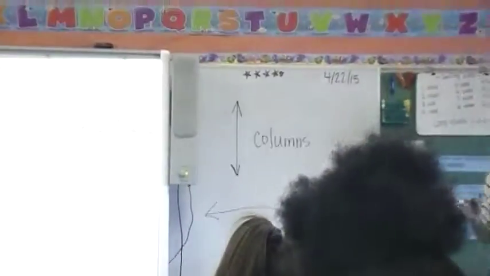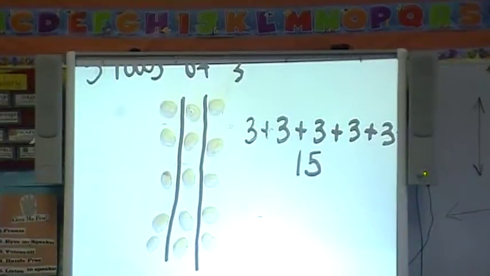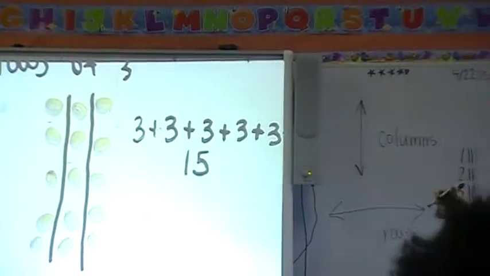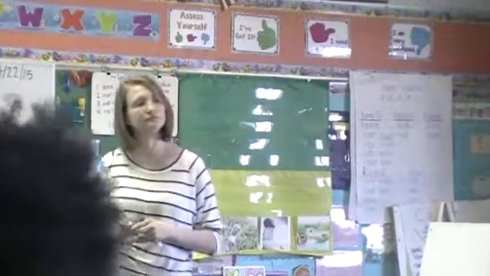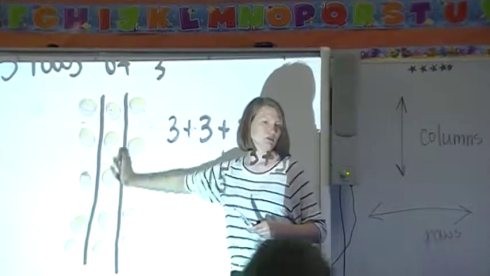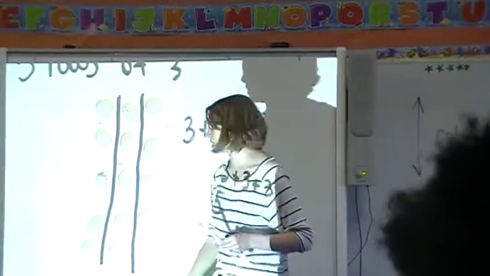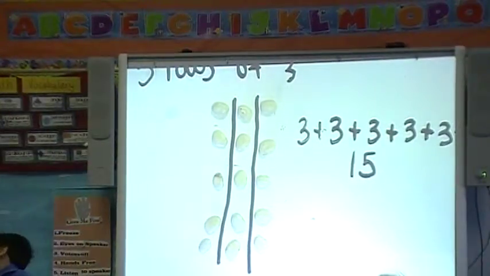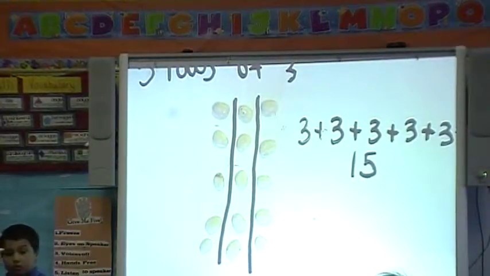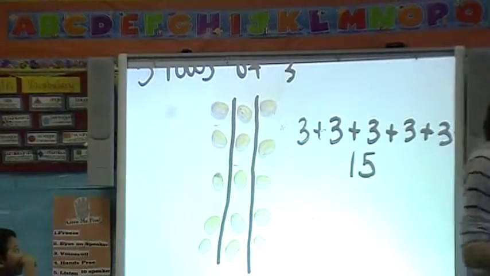Would I have columns or rows? I would have columns. How many columns? So this is a column, this is a column, and this is a column, right? So how many columns do I have? I have 5 in each column, but how many columns of groups do I have?